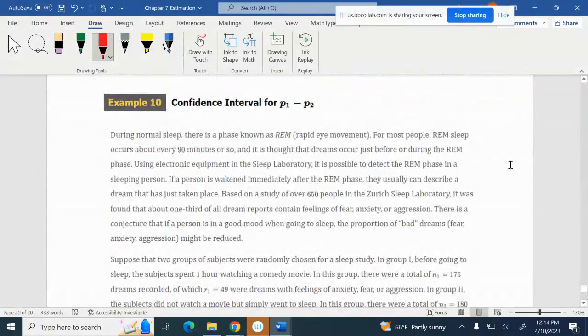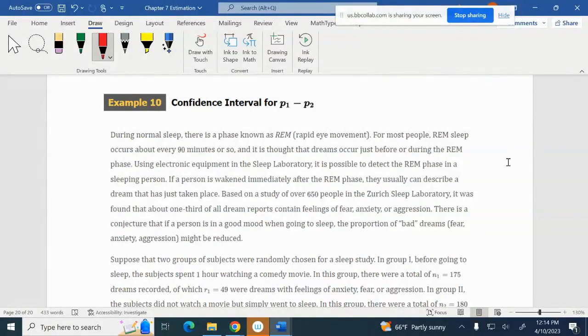Okay. Please look at this problem. During normal sleep, there is a stage known as REM. Have you ever heard of REM sleep?